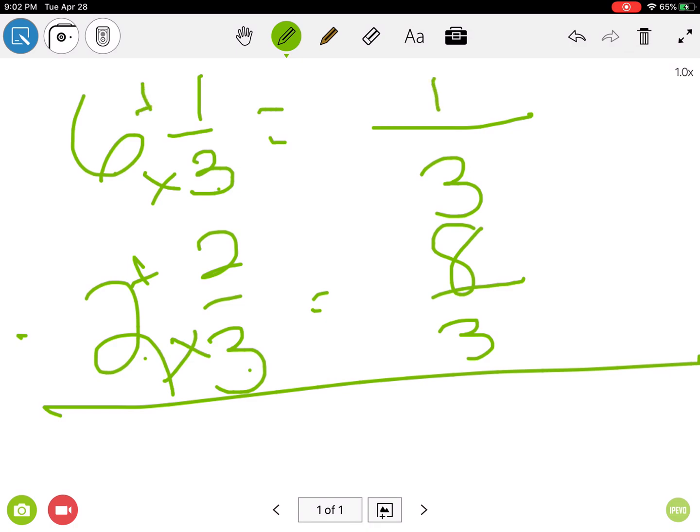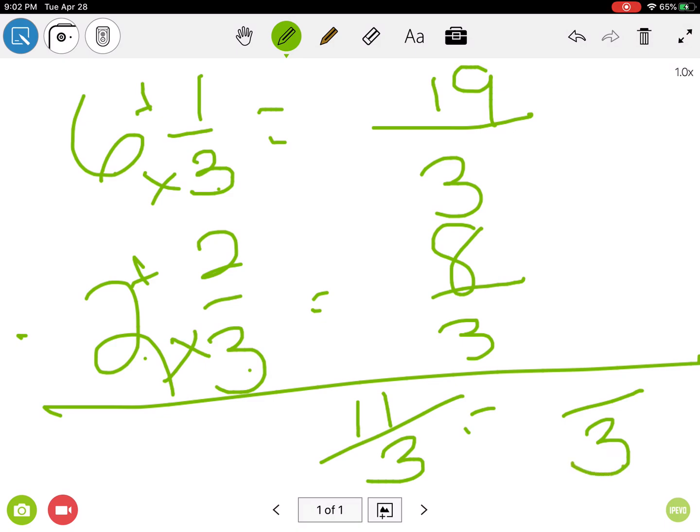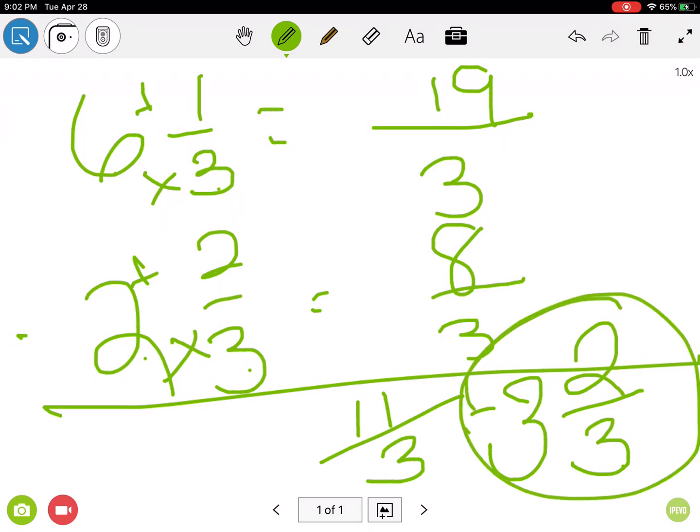Plus 1 is 19. 19 minus 8 is 11 over 3. 3 times what comes close to 11? 3 times 3 is 9. How many more to get to 11? 10, 11, 2. And then there's your answer. 3 2/3. Okay.